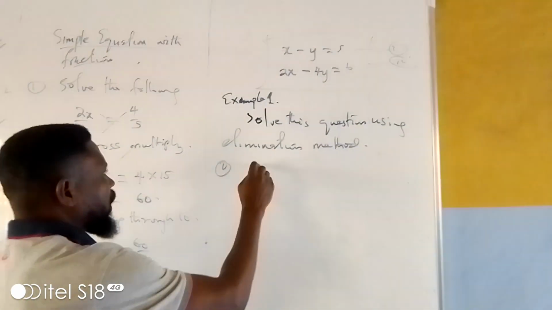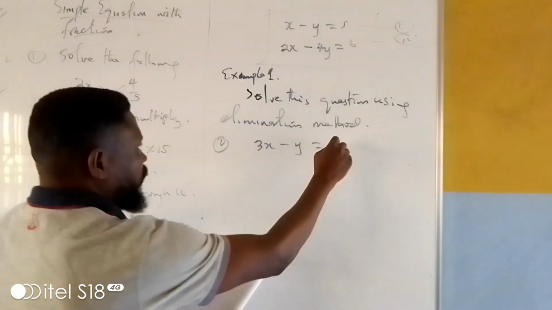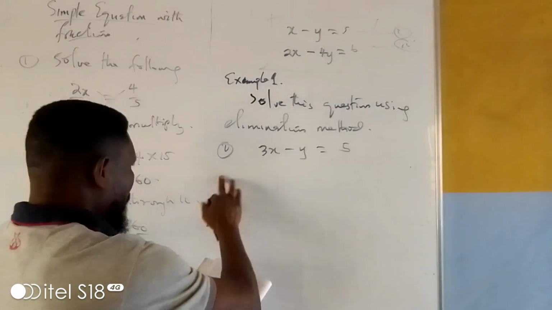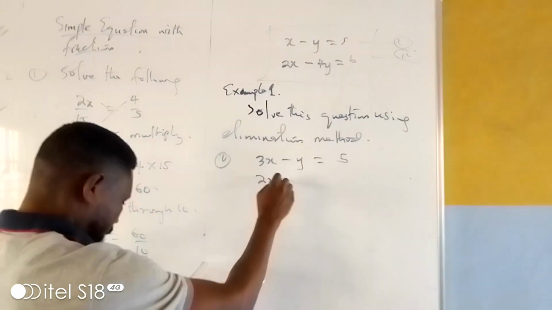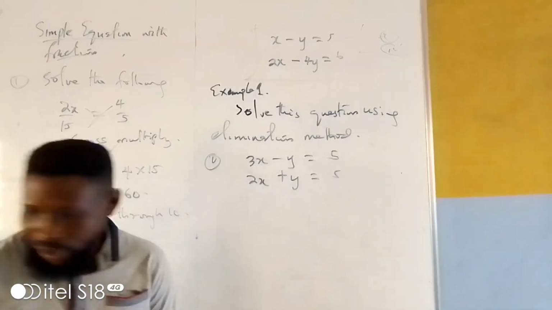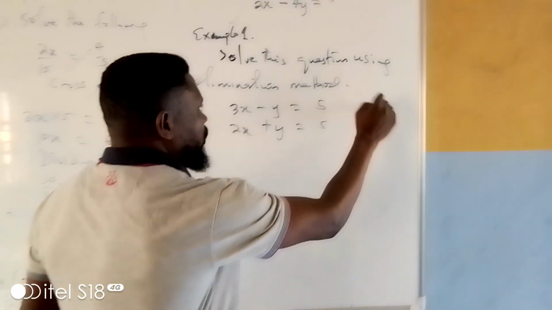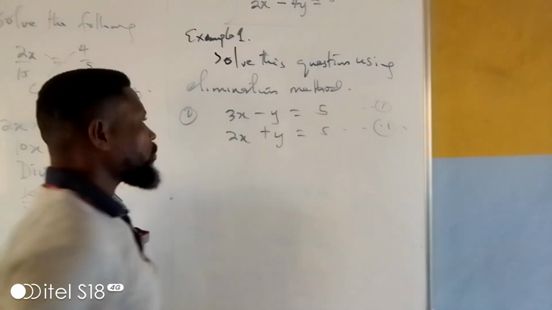And the question is 3x minus y equals 5, and the second equation is 2x plus y equals 5. Now, looking at these two equations, this is your equation 1, this is your equation 2.